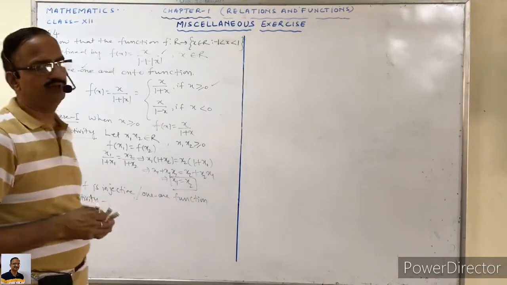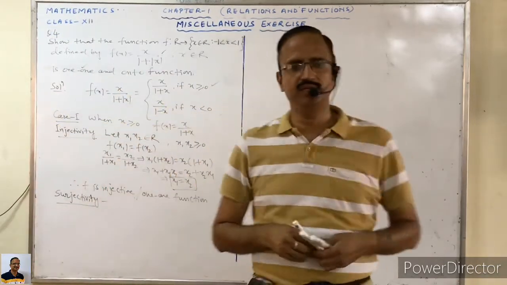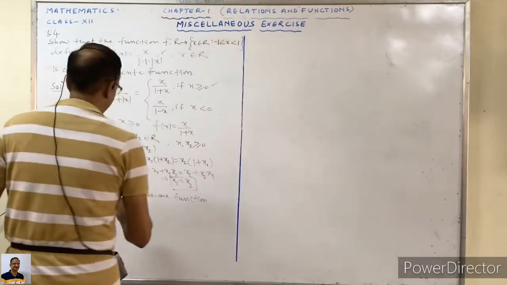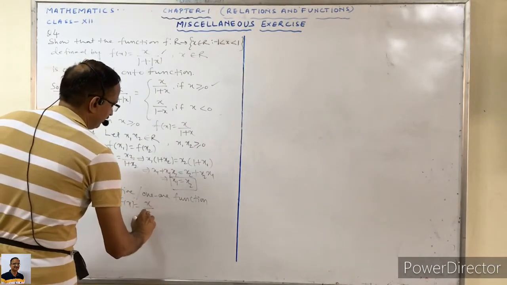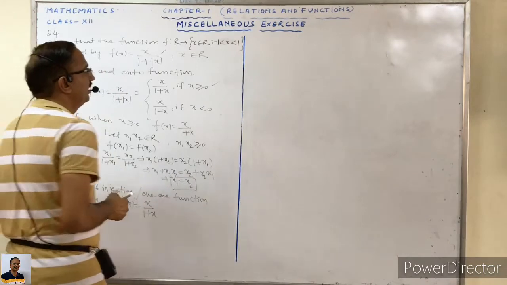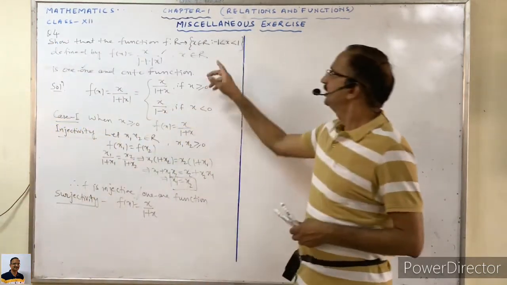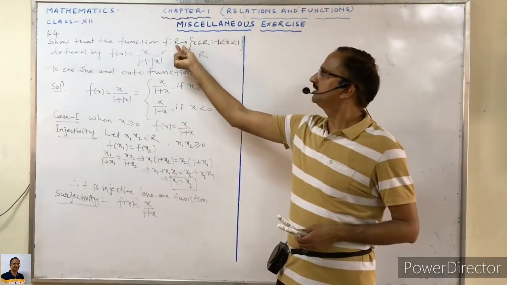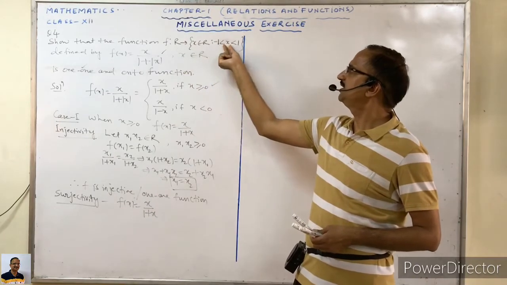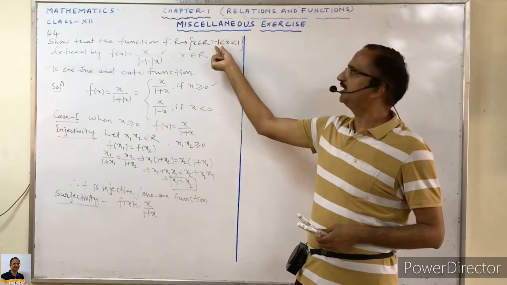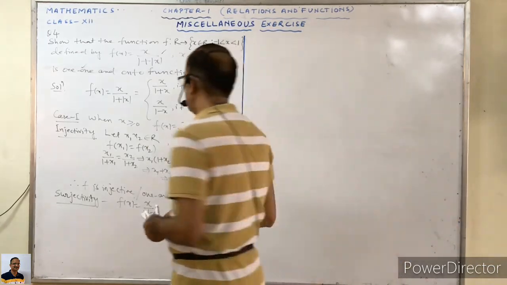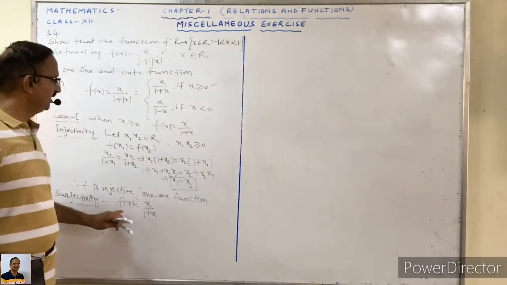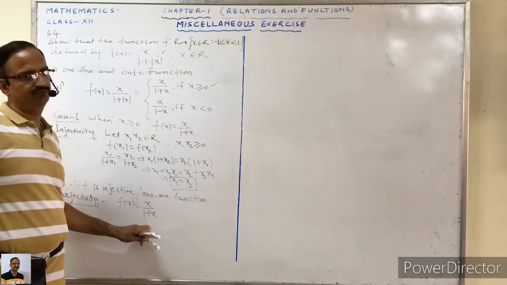For the same function we are discussing surjectivity. So the function is f(x) equals x upon 1 plus x. It means f(x) is greater than minus 1 and less than 1. So here we are considering this as positive.